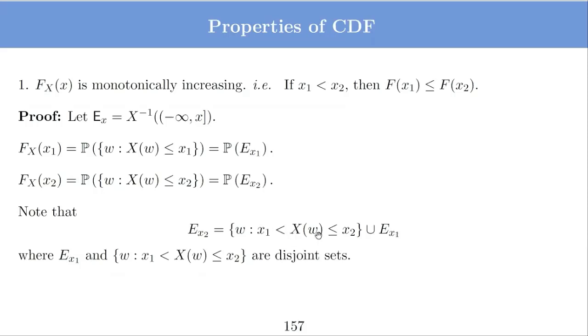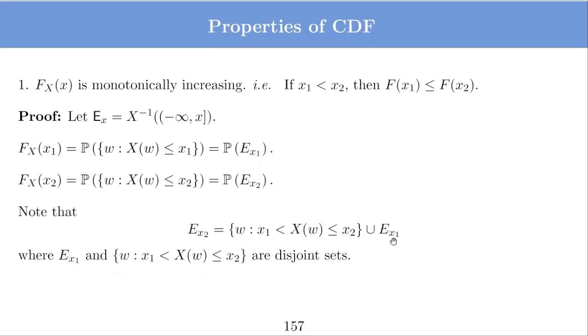So all omega for which X(omega) is between x1 and x2 are left out. If I add that component, I will get E_x2. So these are the outcomes which map to a number less than or equal to x2. This maps to a number less than or equal to x1, because x1 is less than x2. You will have some leftover omegas which map to a number between x1 and x2. So that set is this one.